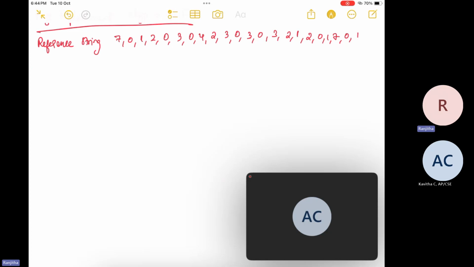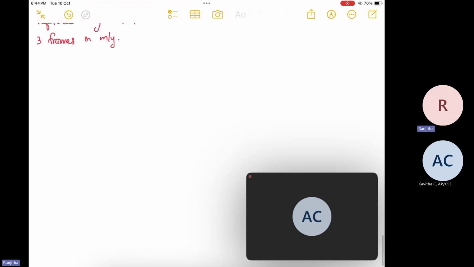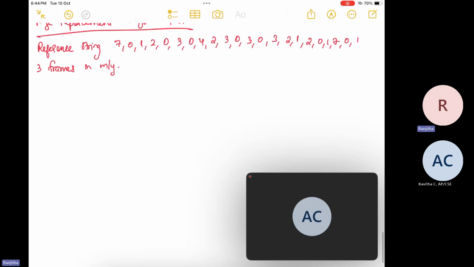And let's assume that there are three frames in memory at a time for a process. Now let's see how this algorithm works. As we have seen, we can have only three pages at a time.